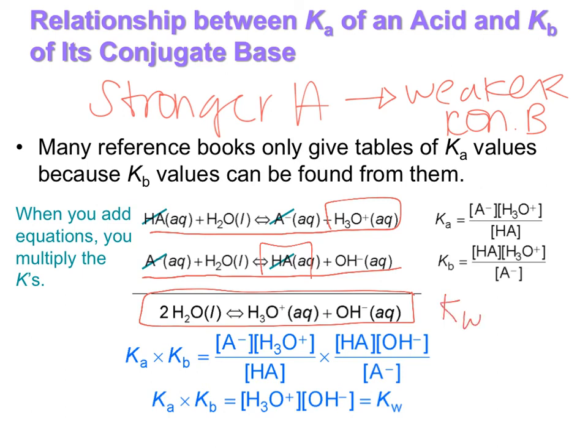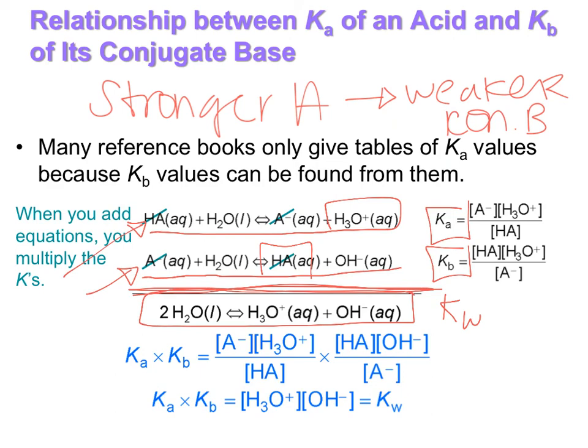So if we relate these two, and if you remember how we determine equilibrium constants from known equations and Ks, remember we multiplied. If you add up these two different equations, what will I do with the equilibrium constants? We learned that we multiply these together, okay?